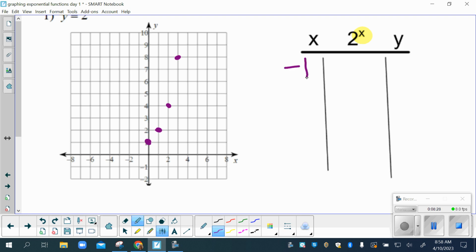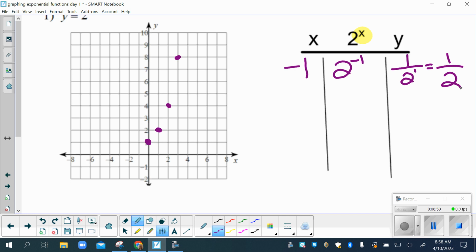So we're going to get -1, and we're going to say 2 to the -1. And we're going to remember that -1 as an exponent puts it on the bottom. So this is 1 over 2 to the first, or 1/2. It turns these guys into fractions.